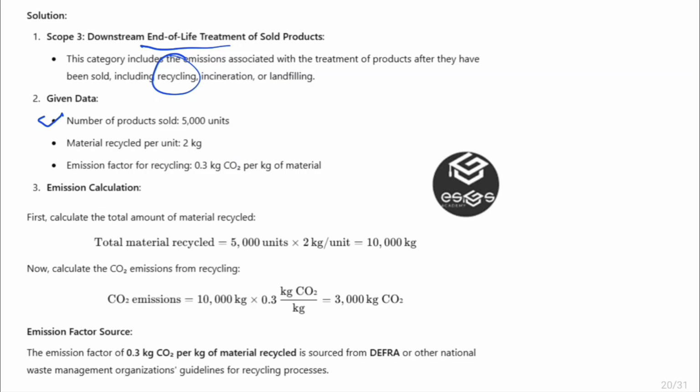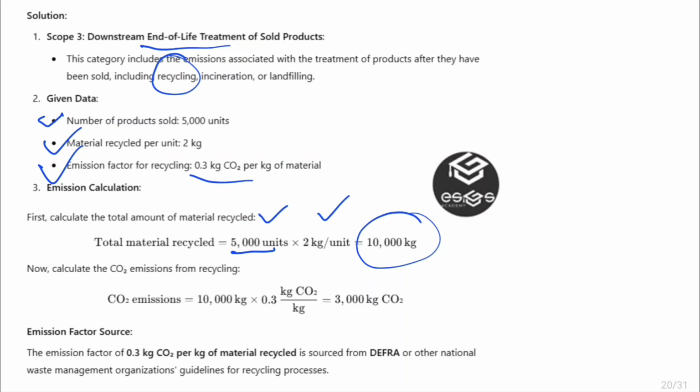So the number of products sold is 5,000 units, this is the given data. What is the material recycled per unit? 2 kg, and the emission factor is 0.3 kg CO2 per kg of material. Now for the total emission, we multiply the total number of units and the material recycled per unit, so it will be 10,000 kg.